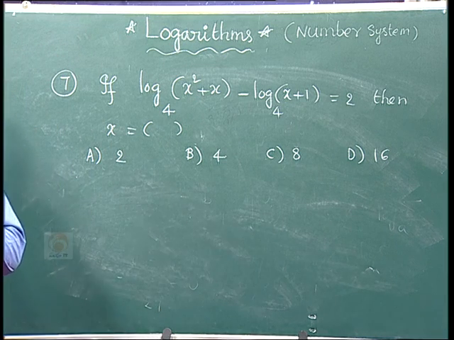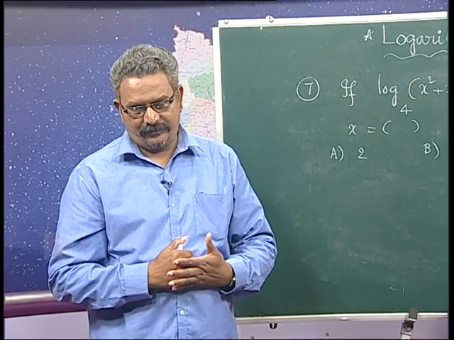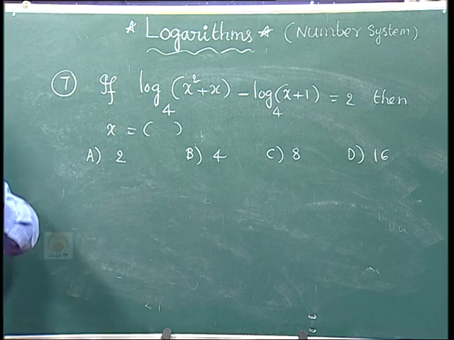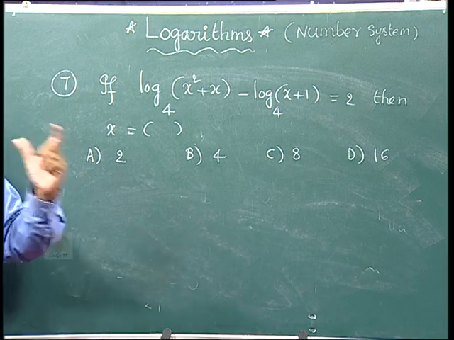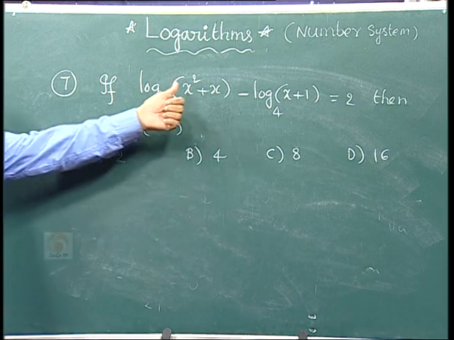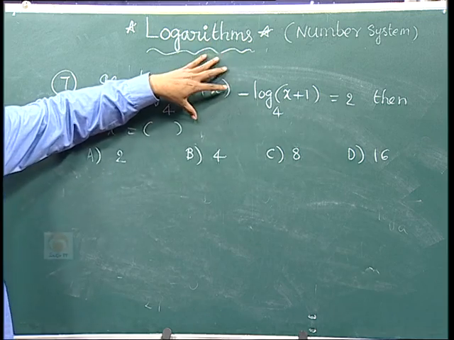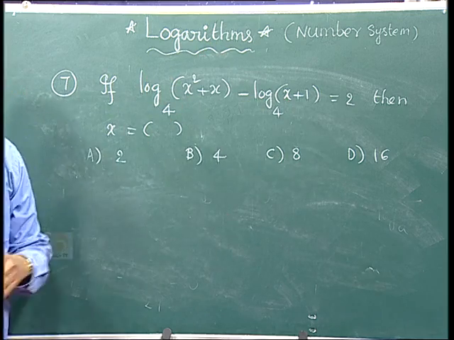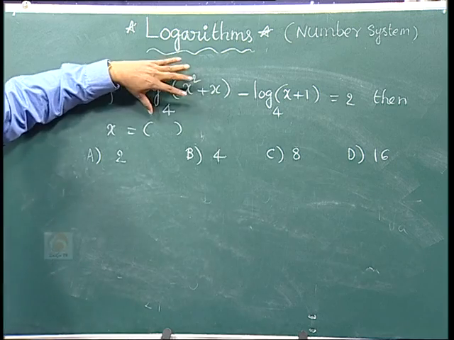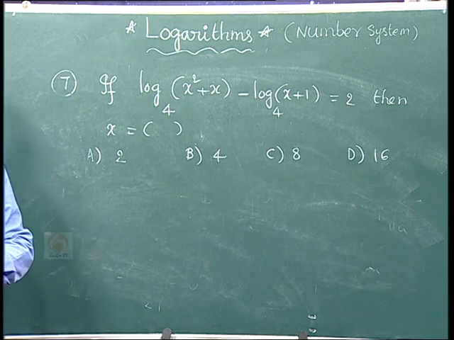So, now logarithms are actually connected to algebra, linear equations. First read the problem here. What is the problem we have? If you say x square plus x is a, x plus 1 is equal to b, this is in the form of log a minus log b. So, that can be put as a single logarithm.